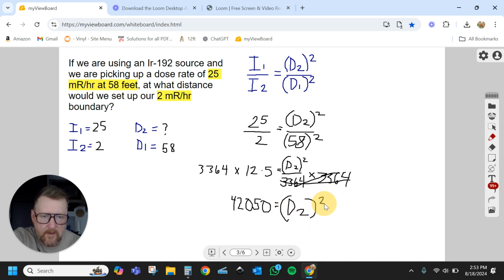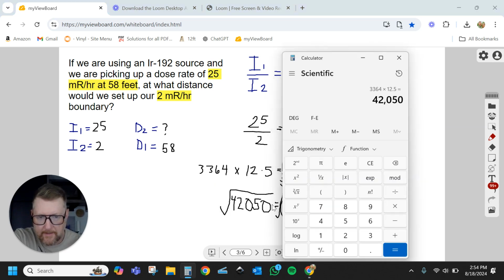So we still don't have just D2 by itself. So in order to get just D2 by itself, we got to get rid of this little 2 right here. The only way we're going to be able to do that is just do this. Square root both sides, okay? This eliminates this. And we just got to hit the square root of 42,050.